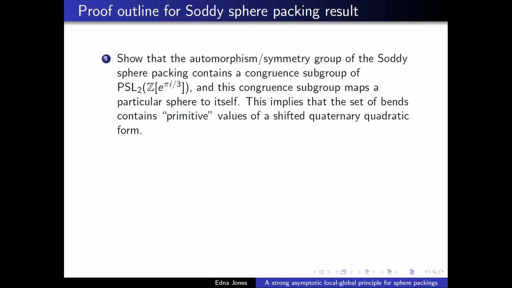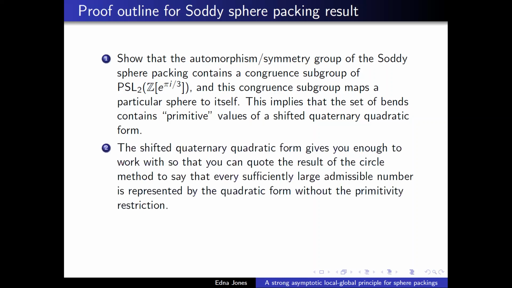So with this condition, we know that the set of bends contains the primitive values of a shifted quaternary quadratic form. And by a shifted quaternary quadratic form, I mean a quadratic form in 4 variables, but there's some constant added. And primitive here is in quotation marks because the primitivity condition is actually a coprimality condition in the Eisenstein integers.